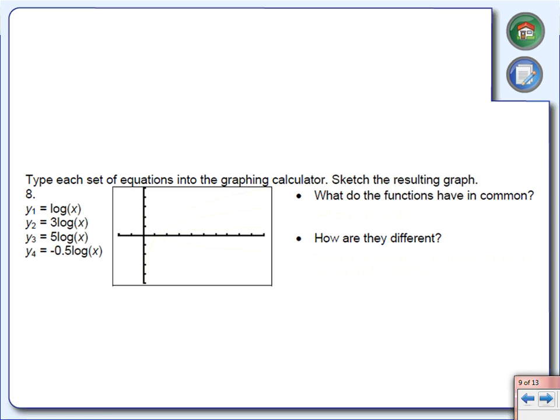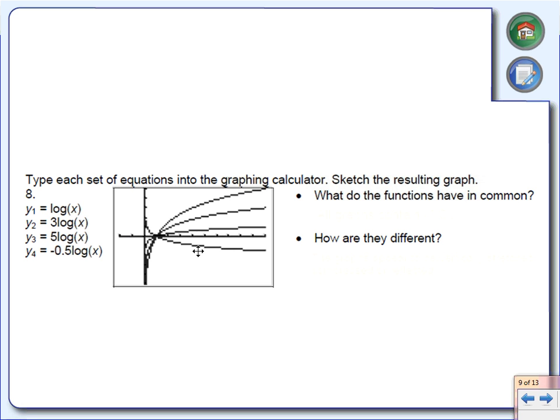Yep, catch all four. All right, so here's the graph that we should be looking at.